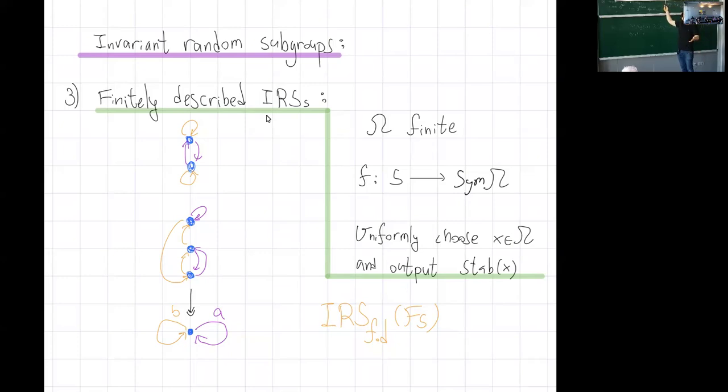So we have 5 possible base points, just choose one uniformly. So the invariant random subgroup will give me with probability 1/5 the fundamental group of this covering space with respect to this point, this point, this point, and the other 2 points. And you can check that you will get the same subgroup here and here.